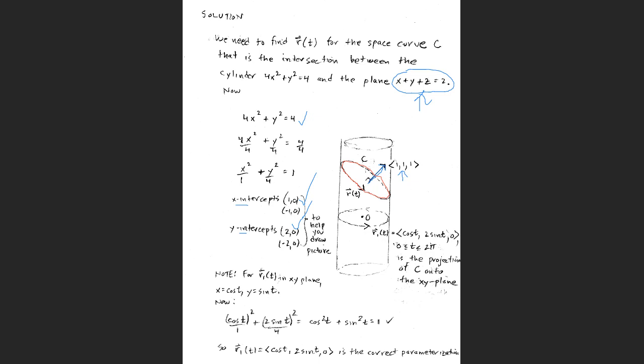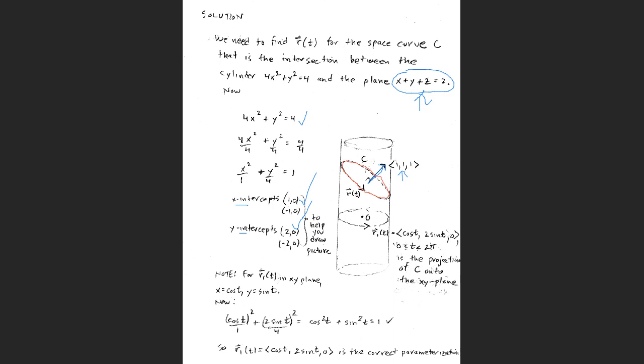So is the elliptical cylinder fatter in the direction of the y-axis or the x-axis? The y-axis. Okay, so we do every little thing we can do to help us have a feel for the situation at hand.